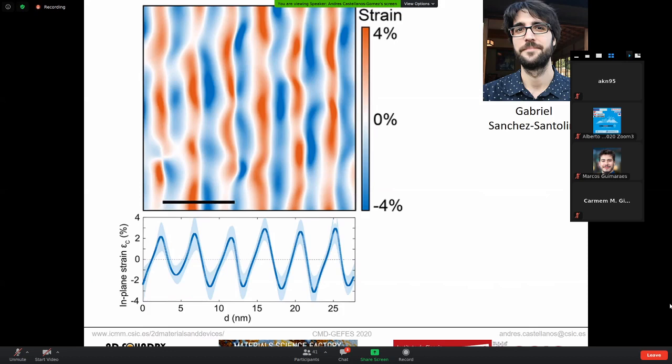Yeah. And also, Pablo Ares was commenting on this, which appears to be a hot topic, the rippling. How does it change with the number of layers? People are pretty much interested in this. Yeah, we don't know. We should check thinner samples, but it will be challenging. Typically the samples thinner than 10 unit cells are very small in area.